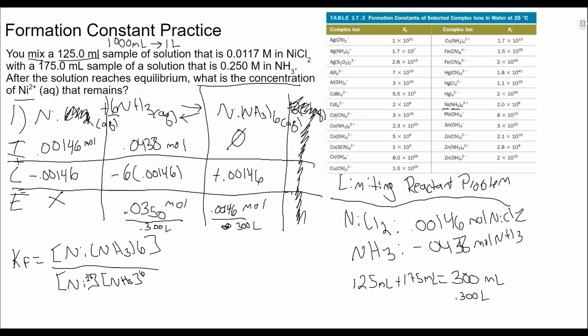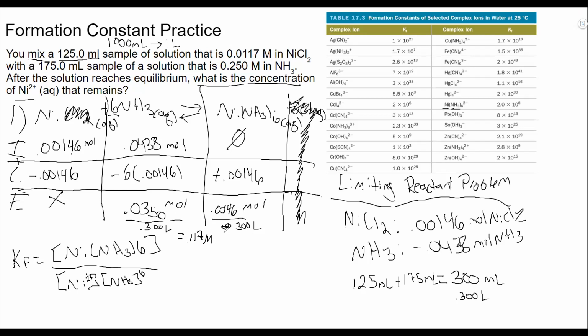So let's do that calculation. But this is a very heavy calculation problem on a lot of topics, as you can see. 0.350 divided by 0.3. So the concentration of NH3 at equilibrium is 0.117 molar. How about Ni(NH3)6?